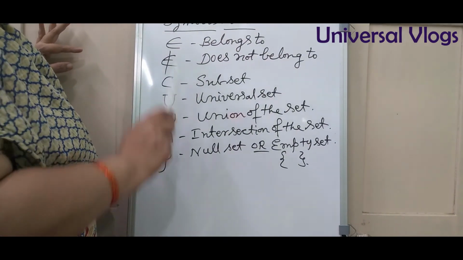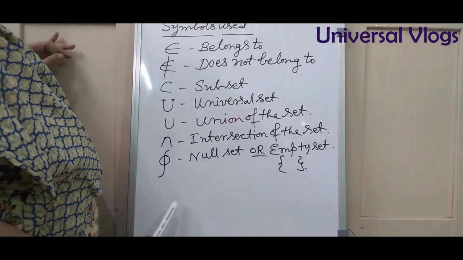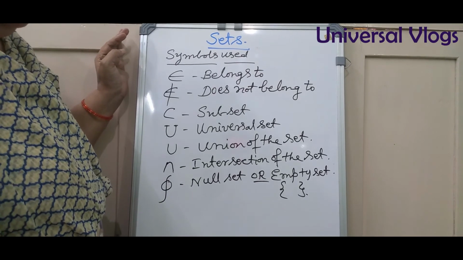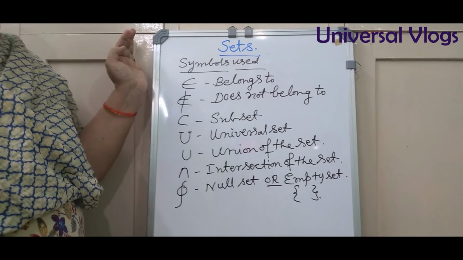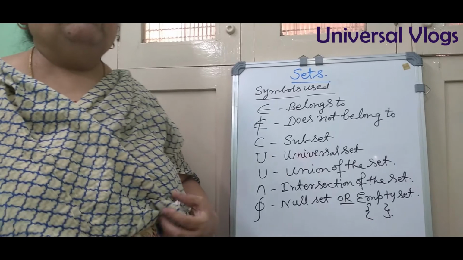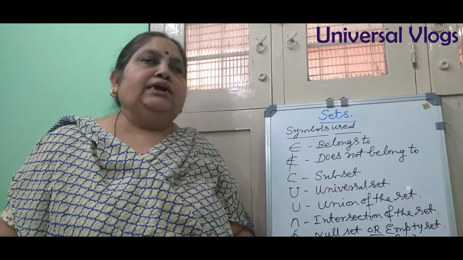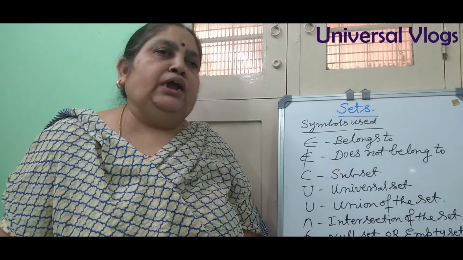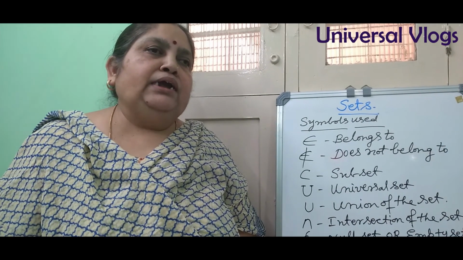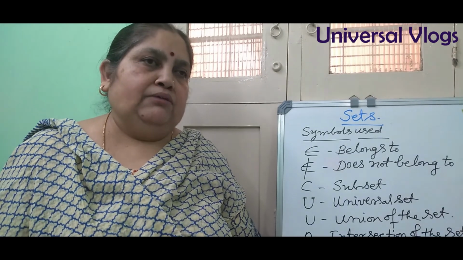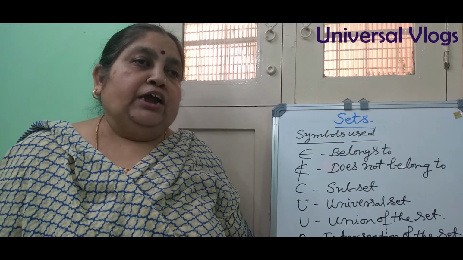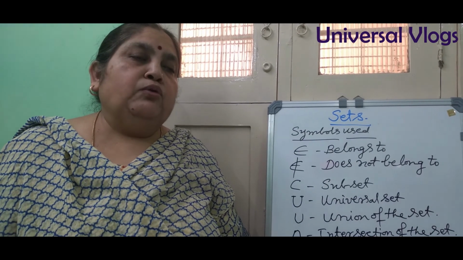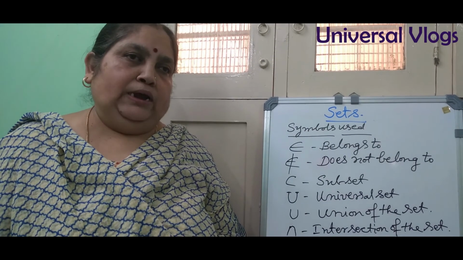So the basic symbols which we use in sets I have told you here, and I have also told you about the union of two sets and the intersection of two sets, and also how to write the subsets for a particular set. We can go on writing the subsets for a particular main set. I can give you one more example: a set of students who are studying in a particular school.